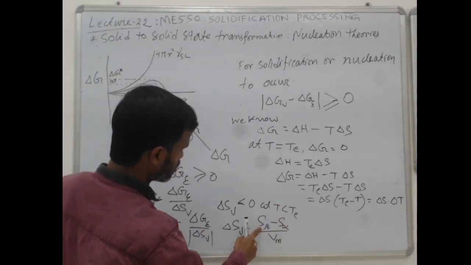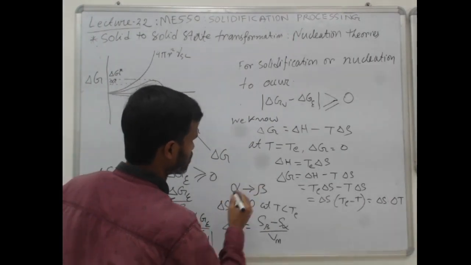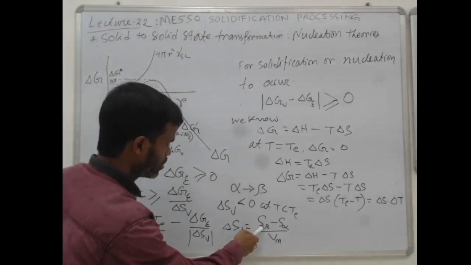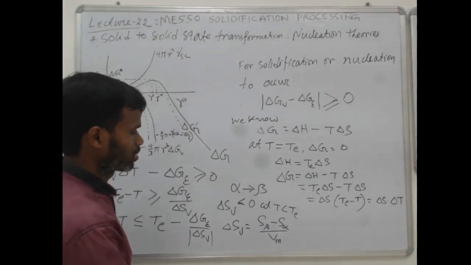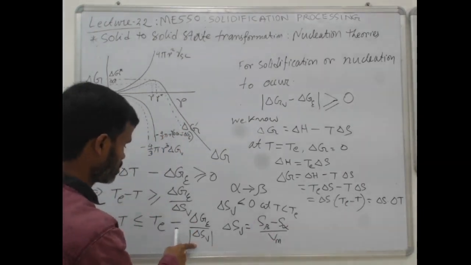As the transformation is happening from alpha to beta, S beta will be less than S alpha, so actually you will get a negative value. But in this equation you have to consider it positive.